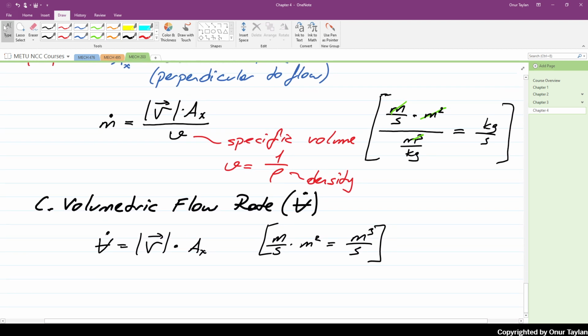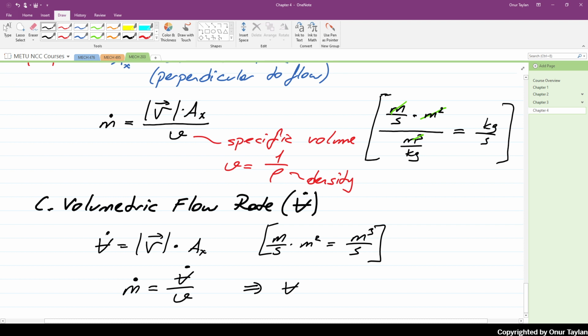As you can see, when you compare these two equations, you can convert volumetric flow rate into mass flow rate. The mass flow rate is the volumetric flow rate divided by the specific volume. Typically, if the volumetric flow rate is given and you need the mass flow rate, you can do this.